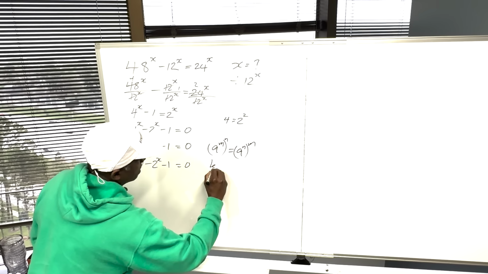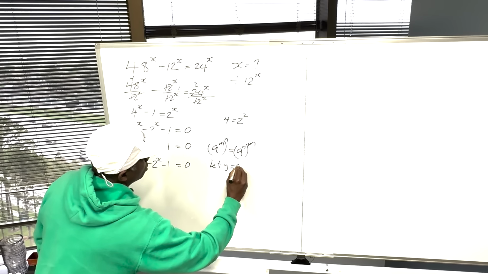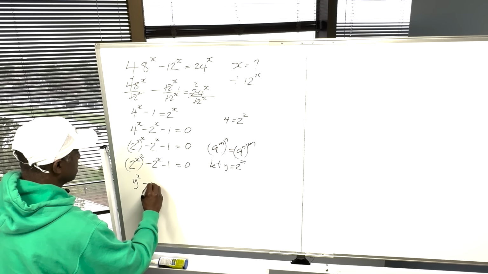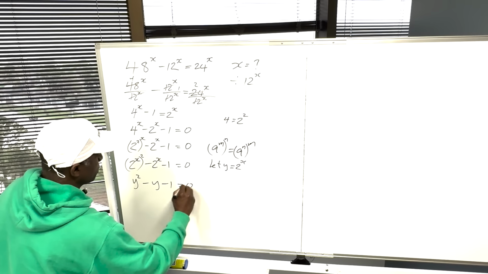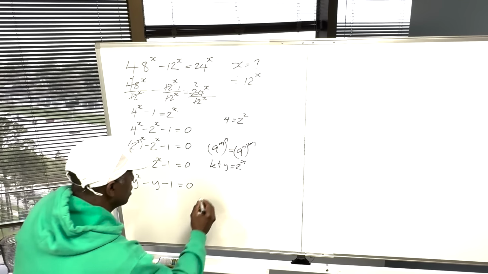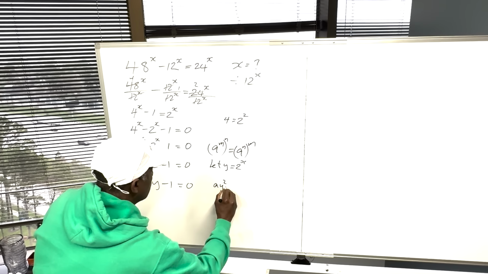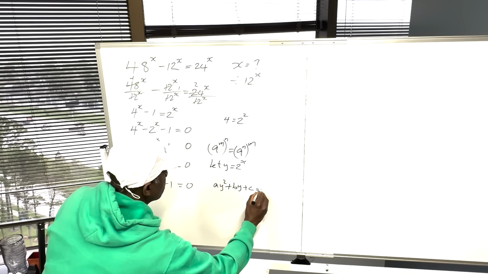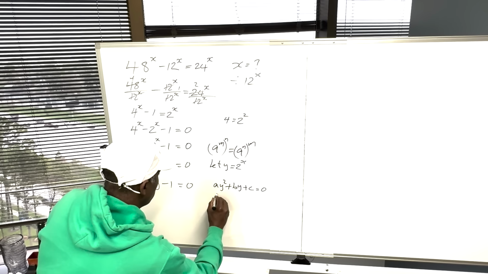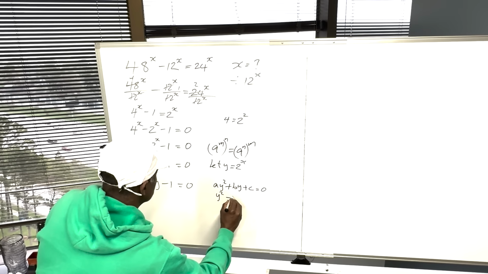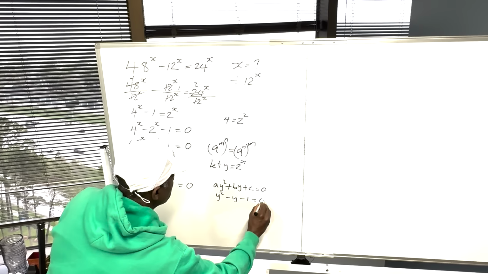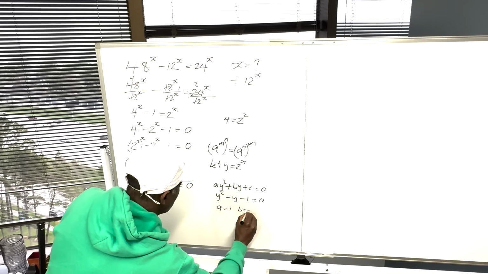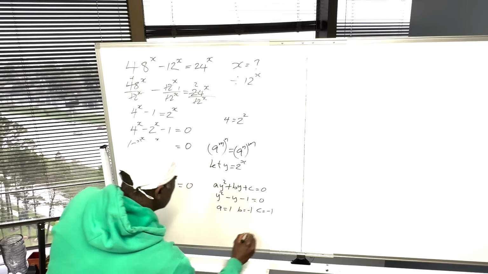Now let y equal 2 to the x. We get y squared minus y minus 1 is equal to 0. Using the quadratic equation, where ay squared plus by plus c is equal to 0, and we have y squared minus y minus 1 is equal to 0, we know that a is equal to 1, b is equal to minus 1, and c is equal to minus 1.